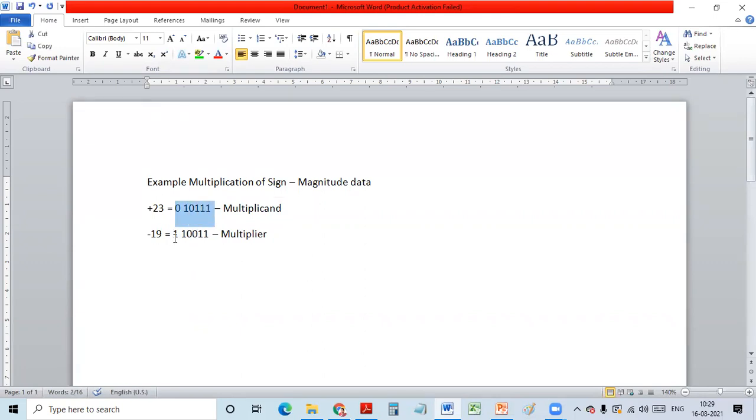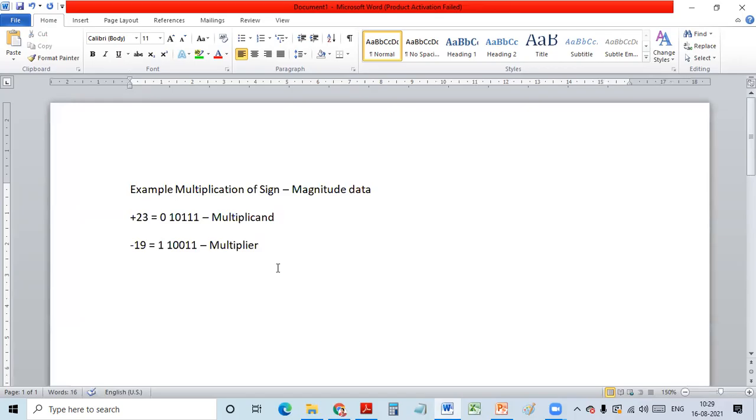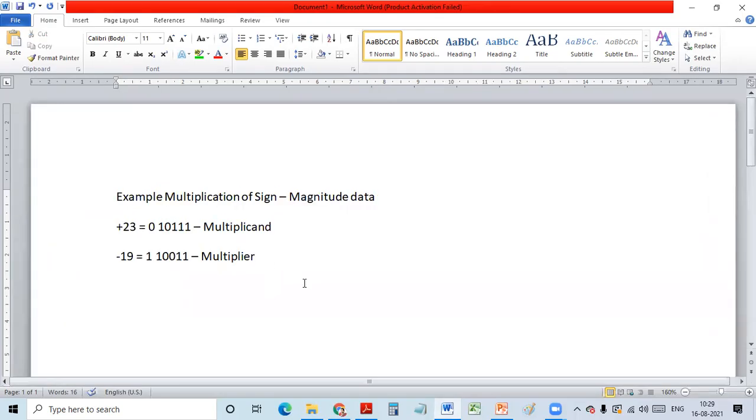Here is one thing I want to tell you. Let us suppose my register is able to store an 8-bit number, and I have plus 23. How is this stored in my 8-bit register? Because it has just 6 bits, but my register should be able to store 8 bits.